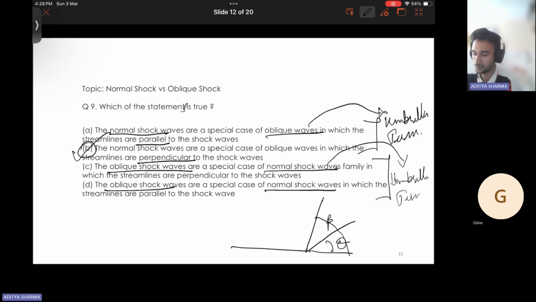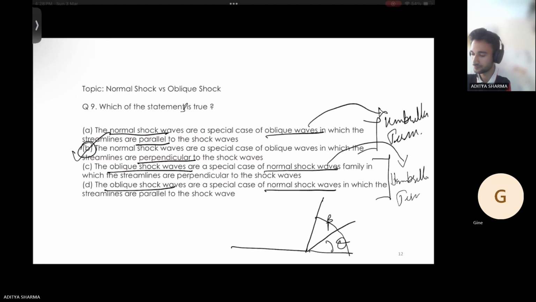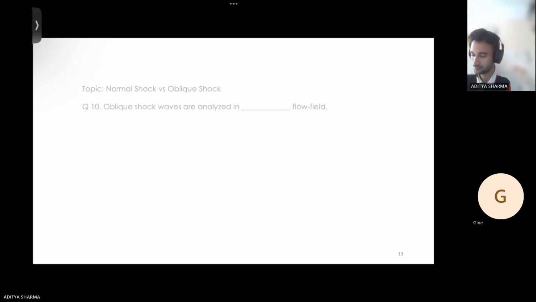All right, let's move on to the next question. Okay, so the oblique shock waves are analyzed in dash flow field. So if you see normal shock waves, they are analyzed in a particular dimension, either 1, 2, or 3D, right?